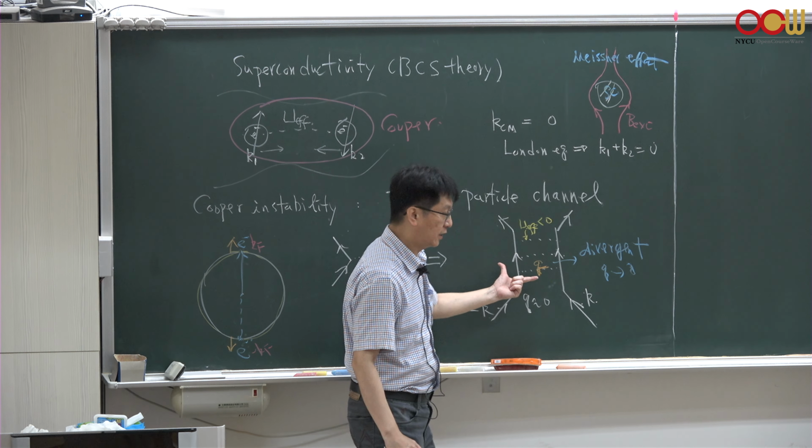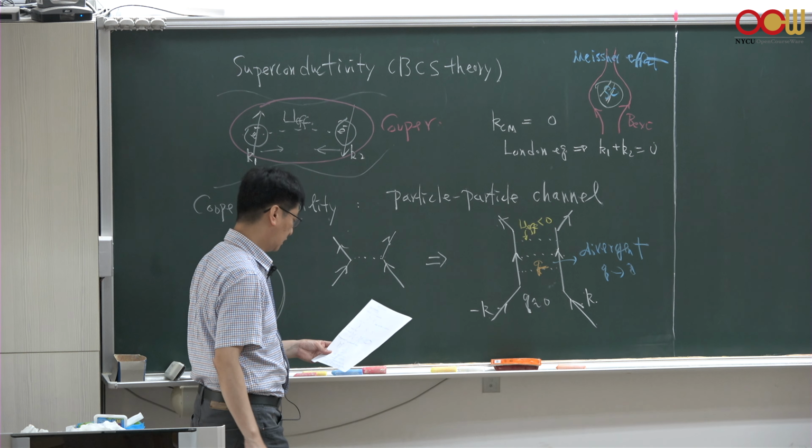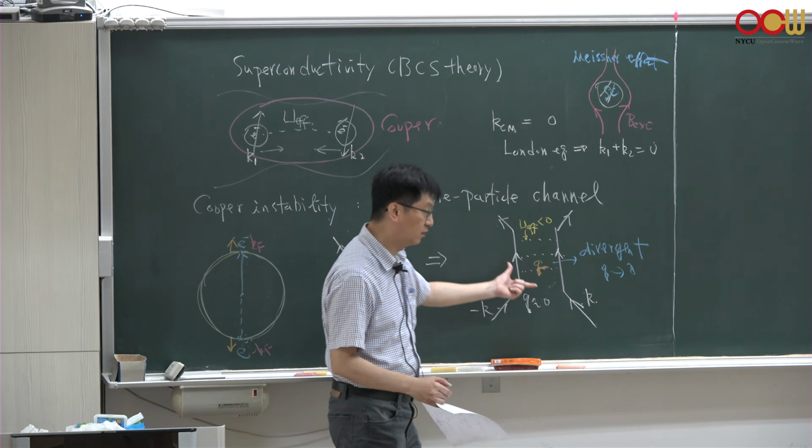So let's examine this diagram, because we already know how to compute this ladder diagram. Remember, this U effective is an attractive interaction, because we already summed up the Coulomb repulsion and the attractive electron-electron interaction mediated by phonons. So this is a net effective electron-electron interaction, and it carries a minus sign.